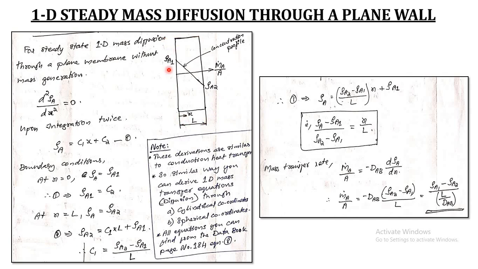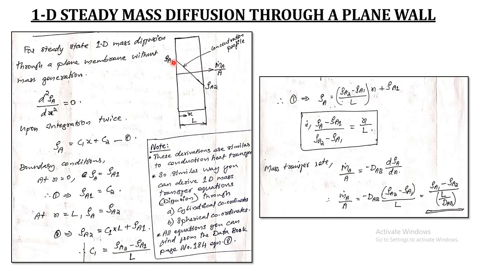Consider a plane wall. Here the left side mass concentration is ρA1 and the right side is ρA2. ρA1 is greater than ρA2, so there will be diffusion mass transfer in this plane.